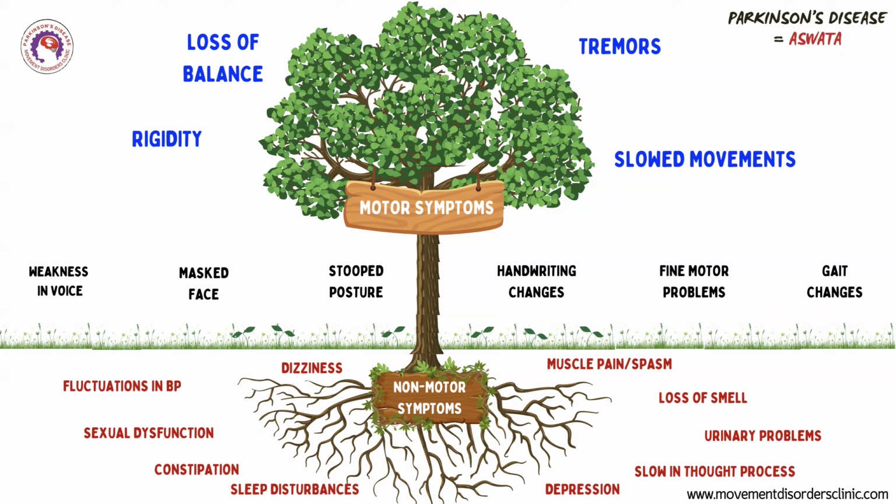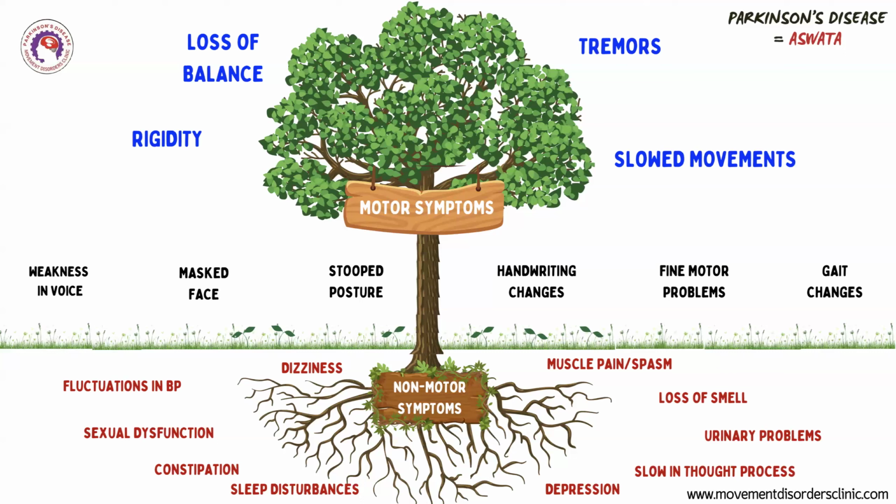Then we have the whole root system below the ground level, which we call non-motor symptoms. These include autonomic dysfunctions such as dizziness, fluctuations in blood pressure, sexual dysfunctions, gut-related issues such as constipation and digestion problems, sleep-related problems in the form of vivid dreams, REM sleep behavioral disorder, periodic leg movements in sleep, restless leg syndrome, mood-related issues such as anxiety and depression, slowness in thought processes, cognitive issues over a period of time, loss of smell, muscle pain, and so on.